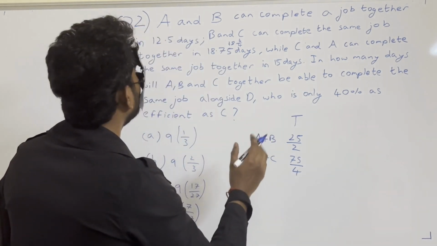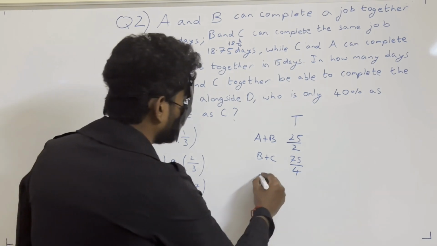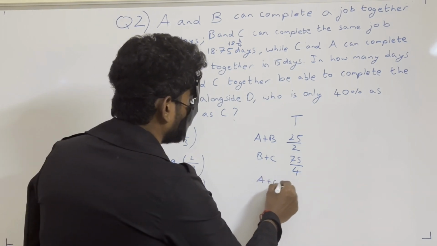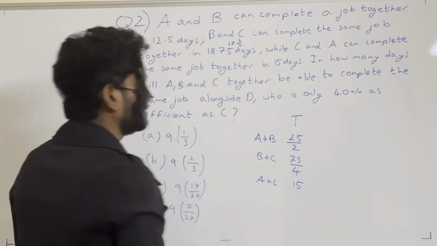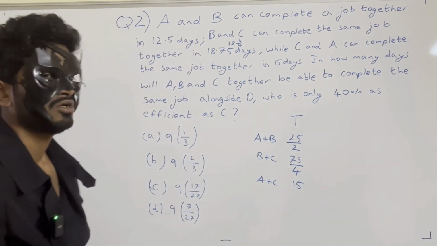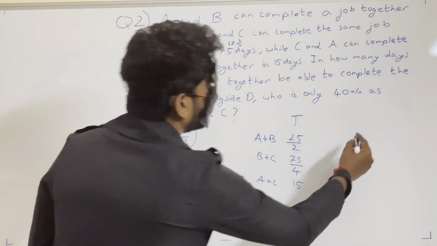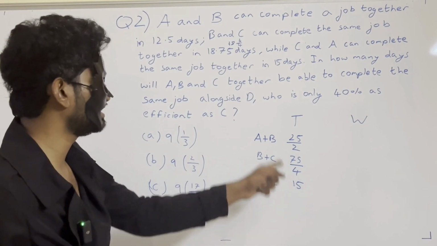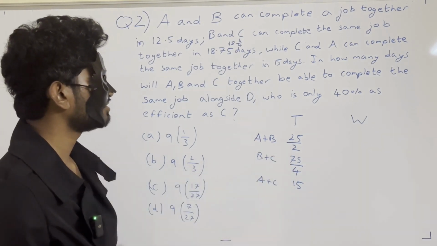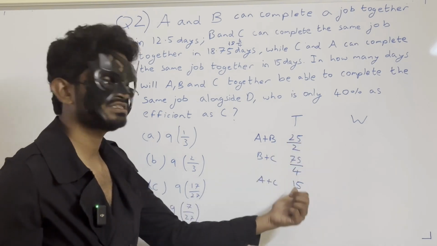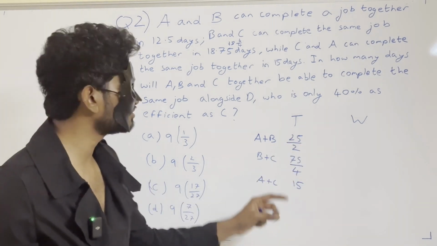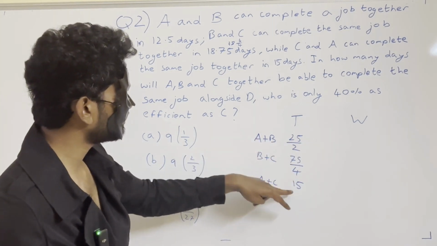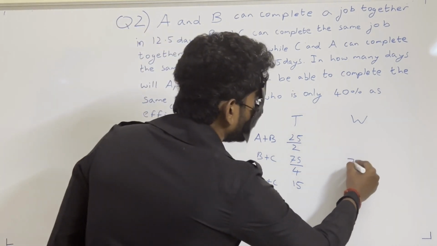And C and A can complete the same job together in 15 days. Now for total work we will take the LCM of these three. Whenever it's in fraction, we'll take the LCM of only the numerators. So the LCM of 25, 75 and 15 is 75.